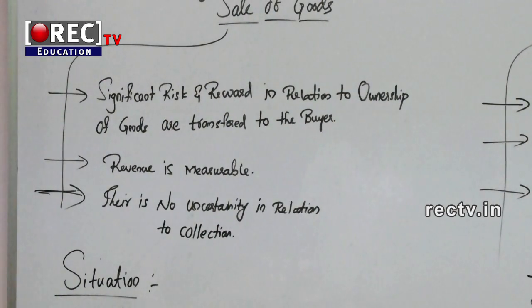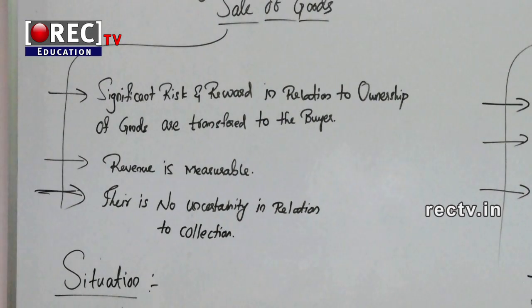When we go to revenue is measurable, the seller should say that the good the buyer selected is priced at 40,000 or some amount. So the good has a known value, that is measurability. So the second condition is also satisfied.